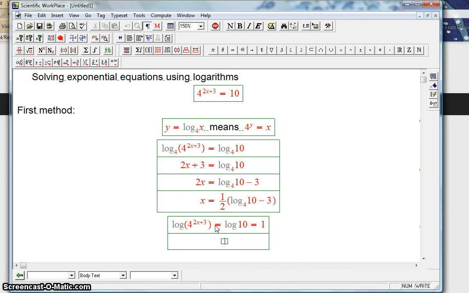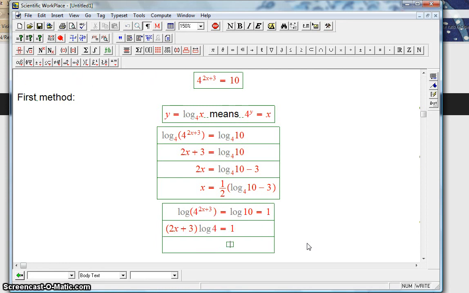Okay. And now I have to remember what happens with the log of a power. That's one of the rules of logarithms. 2x plus 3, times the log of 4, is going to be equal to 1. And so 2x plus 3 is now equal to 1 over the common log of 4.